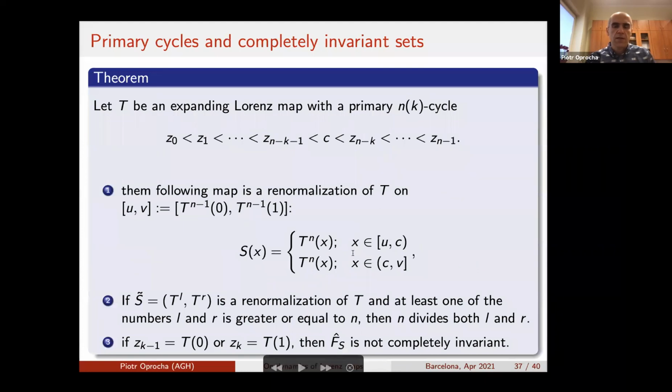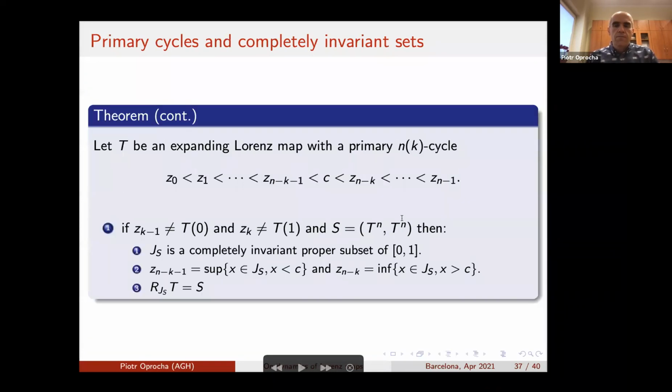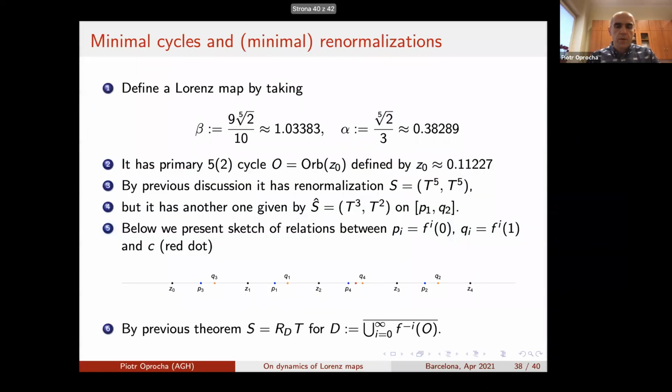Okay, so this Tn. If this cycle was nice in the sense that 0 and 1 was not hitting this periodic orbit, then renormalization will be characterized by this completely invariant subset.